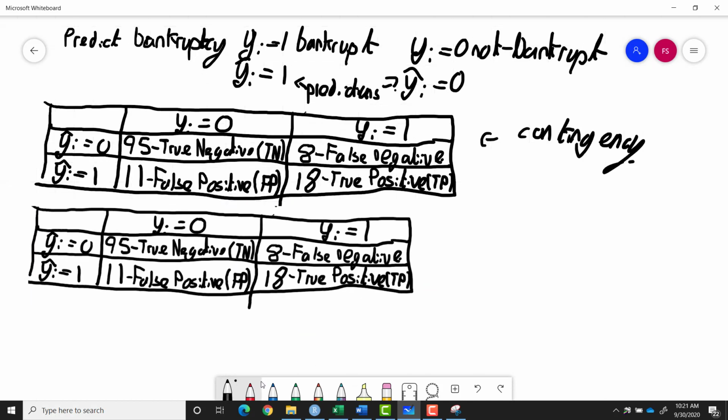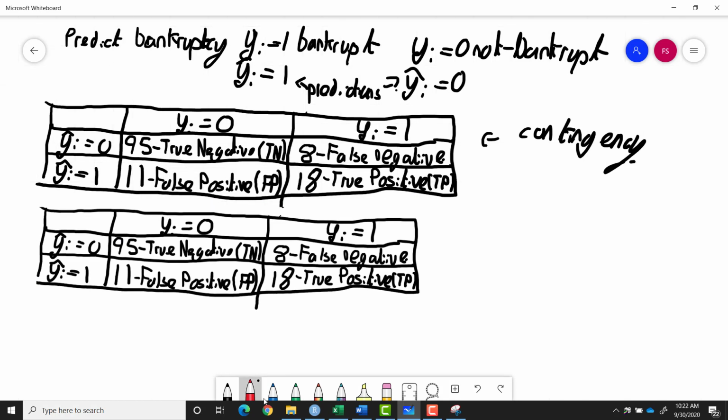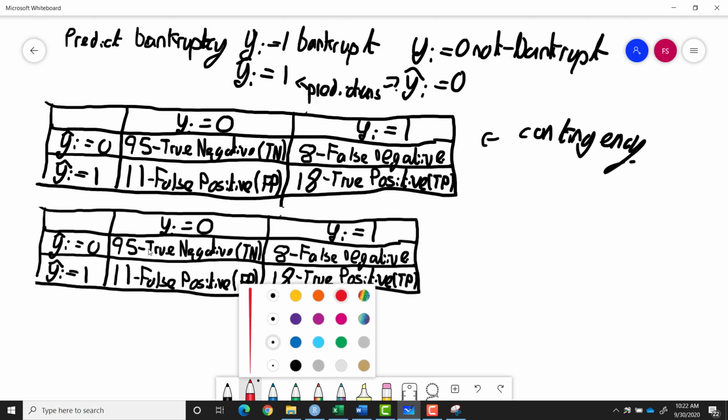Okay, so let's just think a little bit about the level of accuracy. Let's use red. If we are here, then the true negatives and the true positives are what we're looking for. So let's see if we can outline in red.